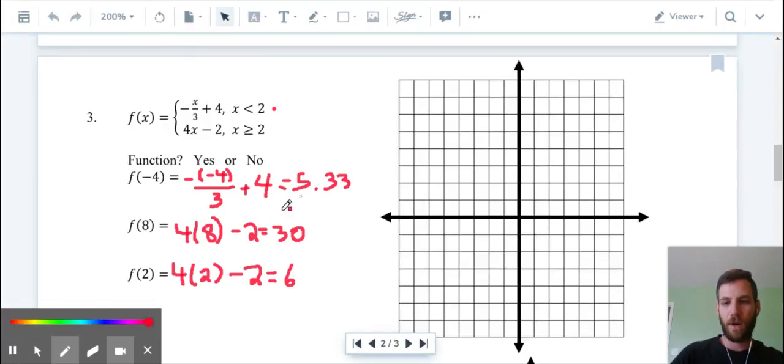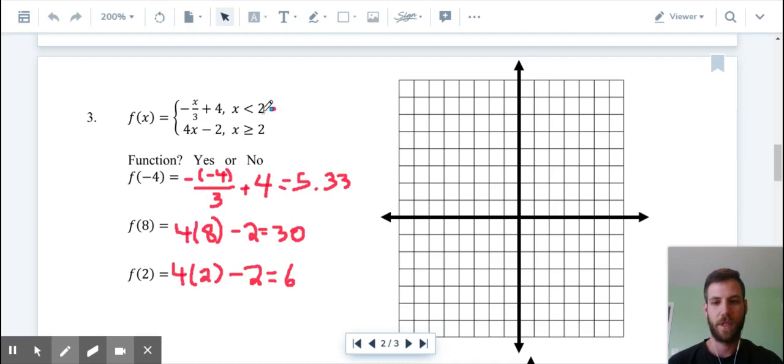We've now evaluated, so let's work on graphing our two equations. And we want to start with our border numbers first. So since I have a 2 here, I'm going to put a 2 into this x right here and do negative 2/3 plus 4. Negative 2/3 plus 4 is going to be equal to 3.33.